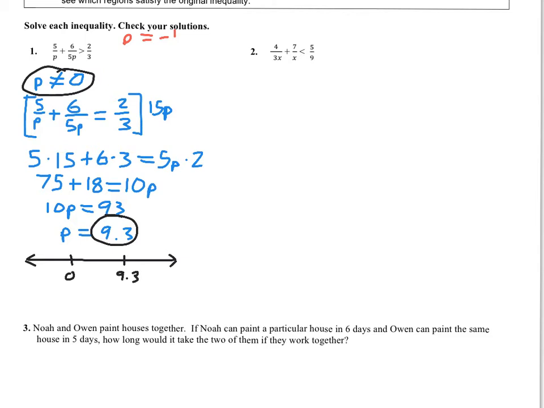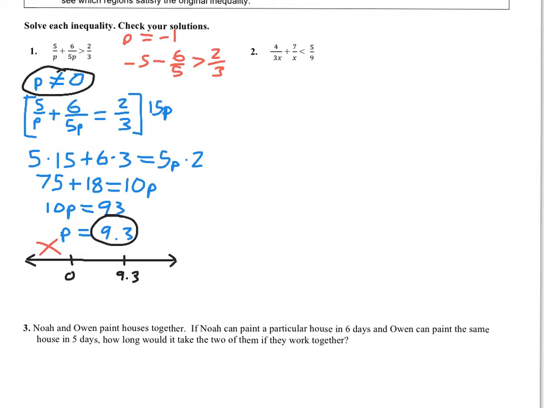So if I plug in -1, I get -5, and then 6 divided by -5 is -6 over 5. Is that greater than 2/3? Well, a negative number can't be greater than a positive number, so this area does not work.